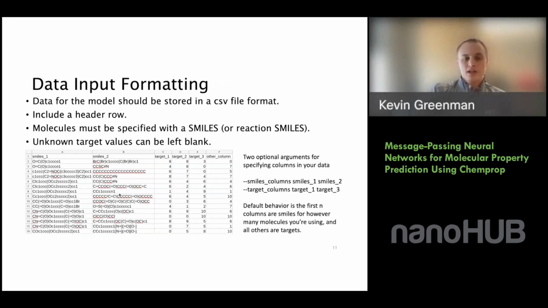So the letters typically represent the atom, but then there are different parentheses and other symbols to represent branching, whether something's aromatic, etc. And you can look up documentation on that online, and there are plenty of tools available for converting from molecular structure to SMILES. So if you have a SMILES, you have a property, and you have a list of these, then that's enough to train a Chemprop model.